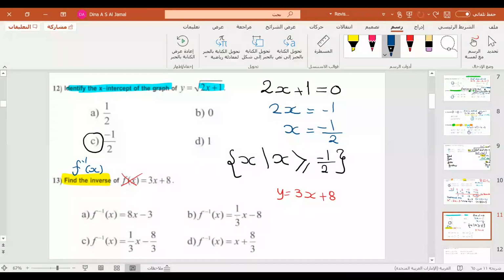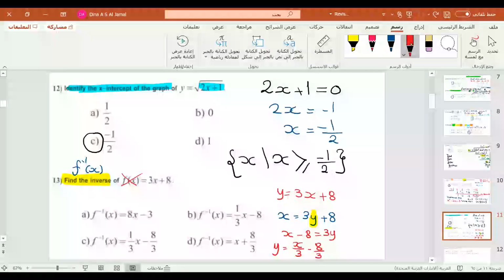Then you switch x and y without changing anything: x equals 3y plus 8. After this, you need to find y. That means x minus 8 is equal to 3y. Now how do we leave y alone? x divided by 3 minus 8 divided by 3.